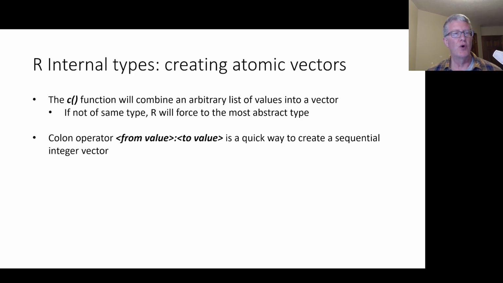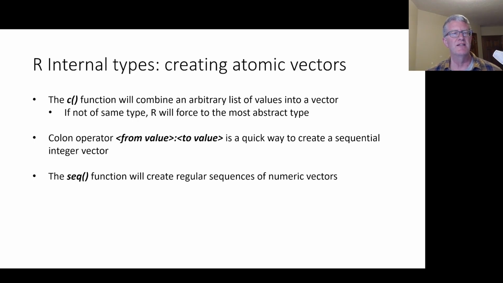We can use the colon operator, with a from value and a to value on either side of the colon, and this is typically done to create a quick vector of integers. Or more flexibly, we can use the seq function to create lots of different regular sequences, and we have lots of different arguments in the seq function that we haven't even touched yet. So there's lots of different ways to create a vector with the seq function.